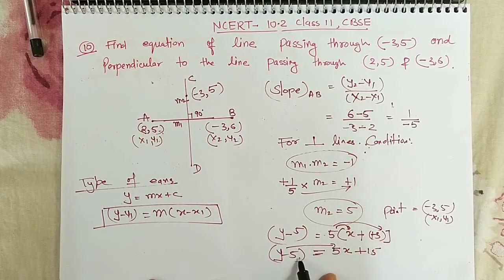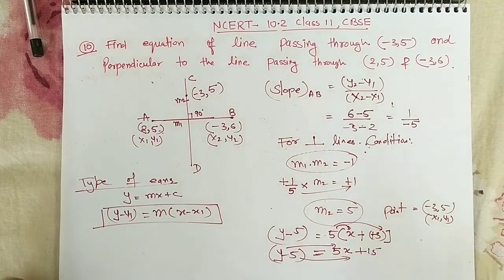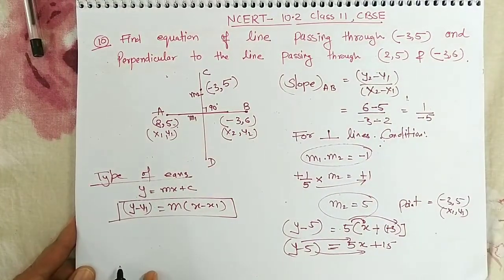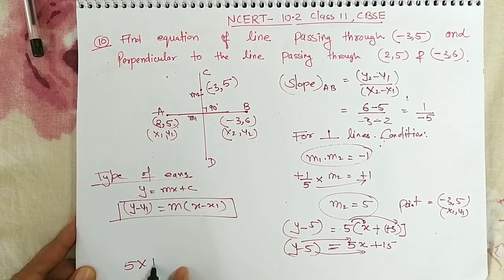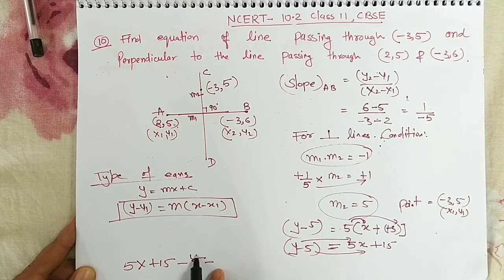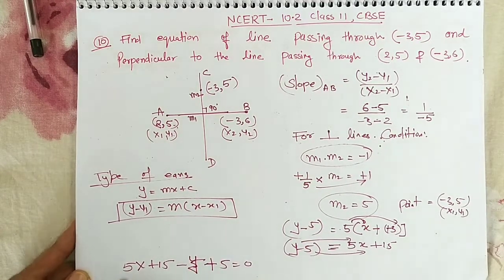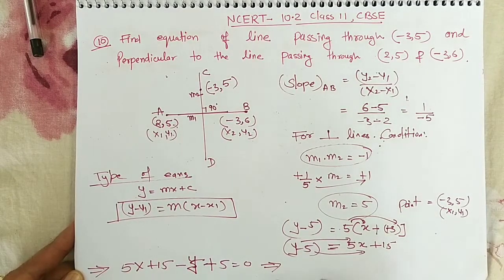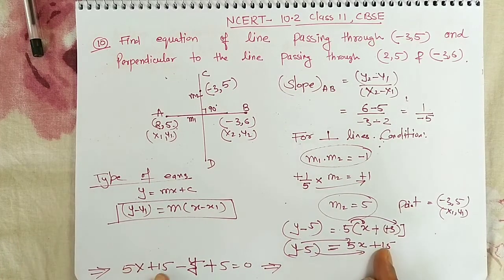Can I take y here and 5 here, both of them on one side? Okay, so I can write down, guys, 5x plus 15 minus 5, sorry, minus y, this is minus y, plus 5 is equal to 0. This is what I got. I hope you understood what I am doing: I am taking y this side and 5 this side, and 5x and 15 I am copying.